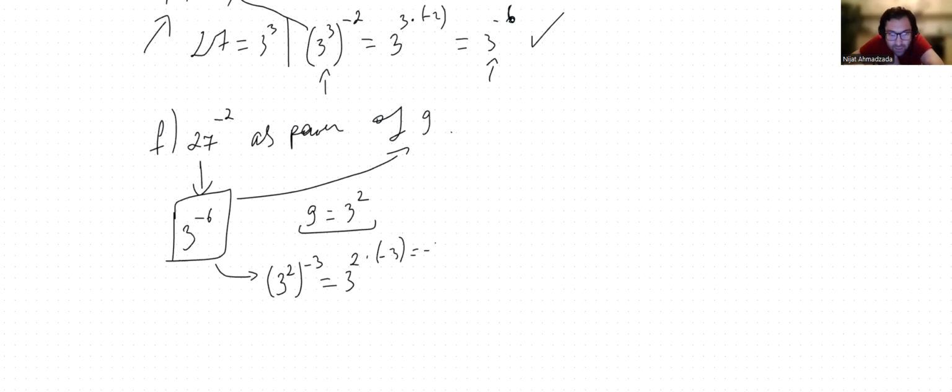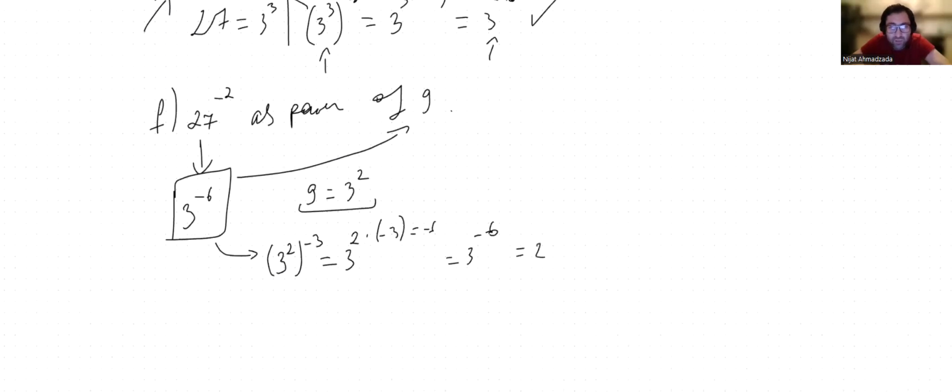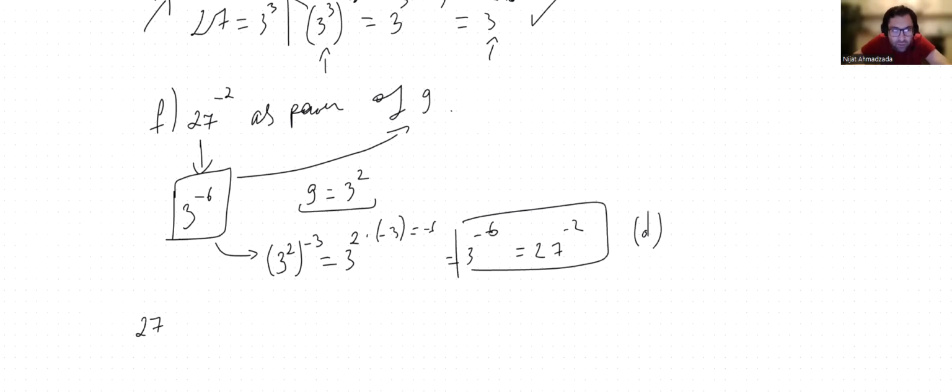So it is the same thing as 3 to the power of negative 6, which is also the same thing as 27 to the power of negative 2. We showed it in part D. So from part D, we know that 27 to the power of negative 2 is the same thing as 3 to the power of negative 6.